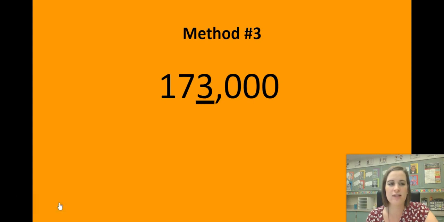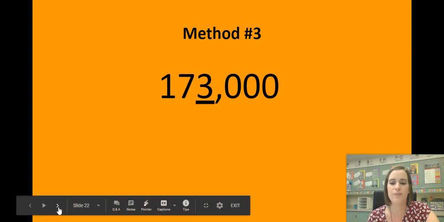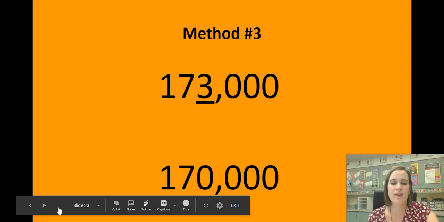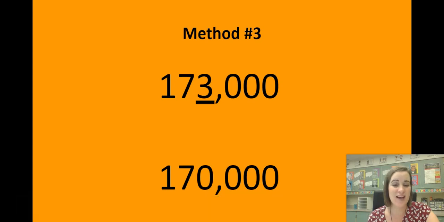So if I look to the right, the 3 is to the right of the 7. So if the digit is less than 5, you're going to round down. And if it is 5 or greater, you're going to round up. And it is less than 5, so you're rounding down. And the answer is 170,000.